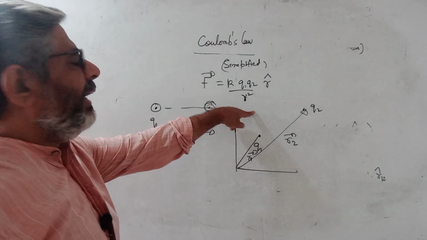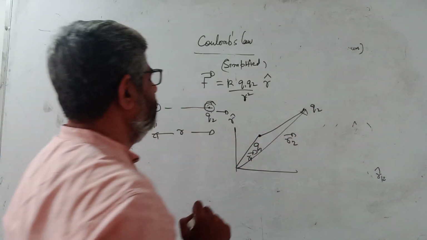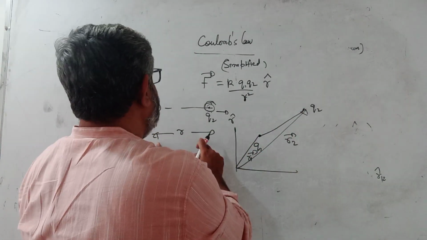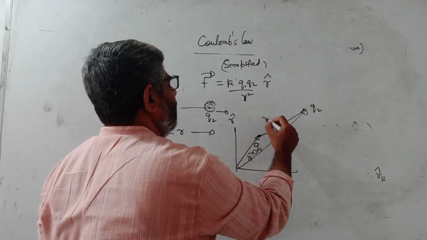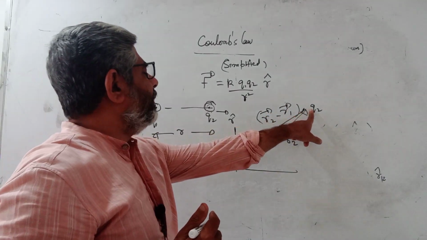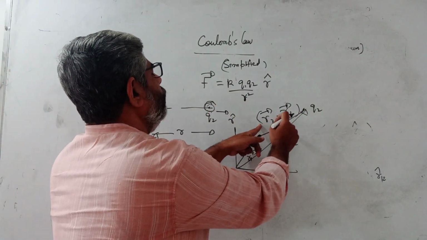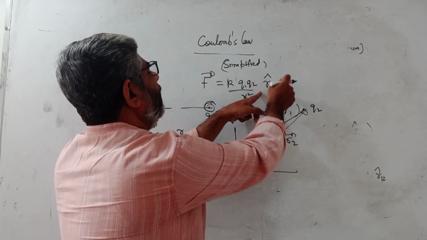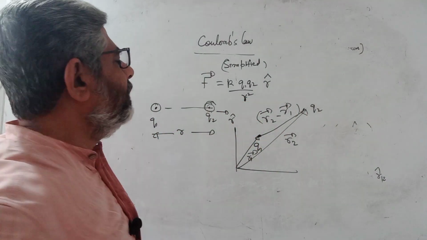So then this equation is slightly modified, because now the line joining the two would be this one, and this vector r, like what r was, is nothing but r2 vector minus r1 vector. So if these two charges have position vectors r2 vector and r1 vector, then this r would be replaced by the magnitude of r2 vector minus r1 vector, and the unit vector would be the unit vector of this, that is r2 vector minus r1 vector.